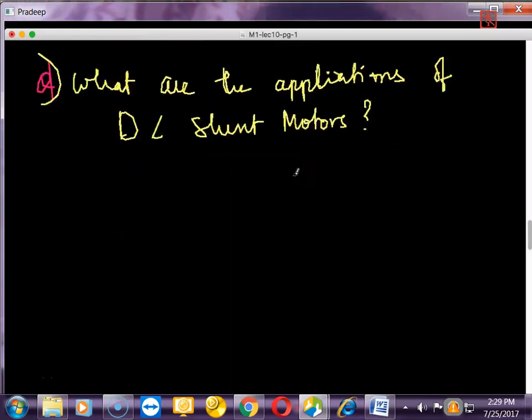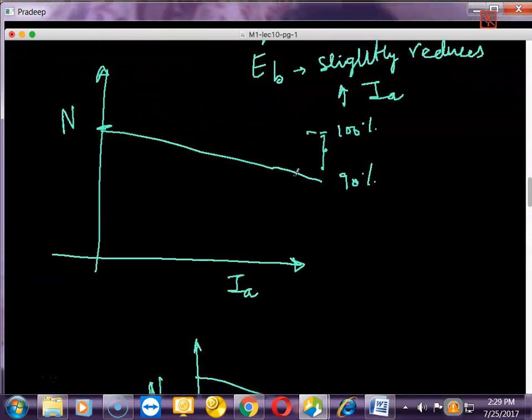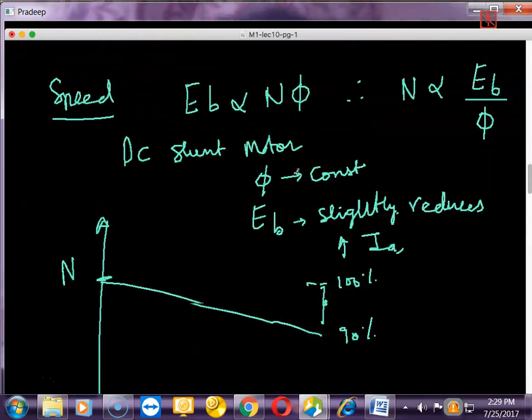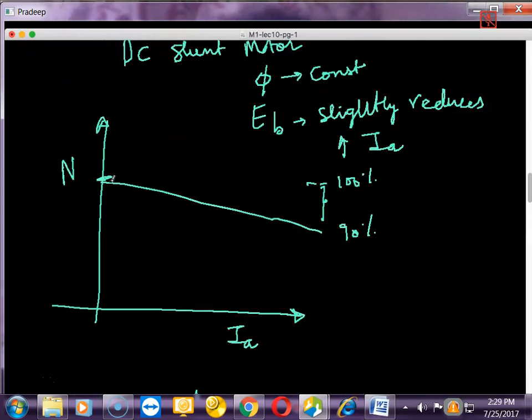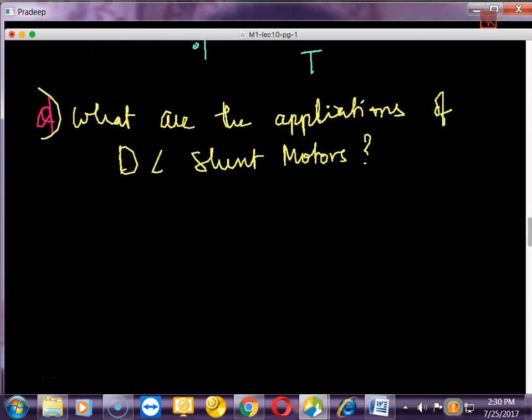If you look at the characteristics and at the speed, you see speed is almost constant. If the speed is 100% here, it's varying only very slightly. And that too, for a particular load the speed is constant. So therefore, it is used for constant speed applications.